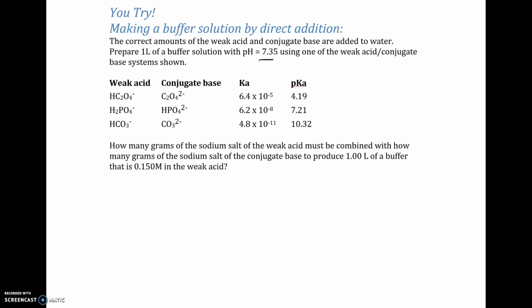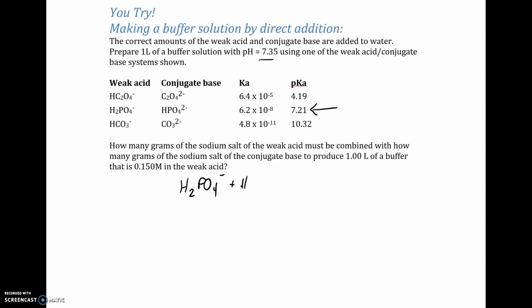Okay, so I'm going to choose this weak acid conjugate base system with a pKa of 7.21. That's close to 7.35. And I do like to write my acid hydrolysis, and it's not really necessary, but old habits are tough to break.